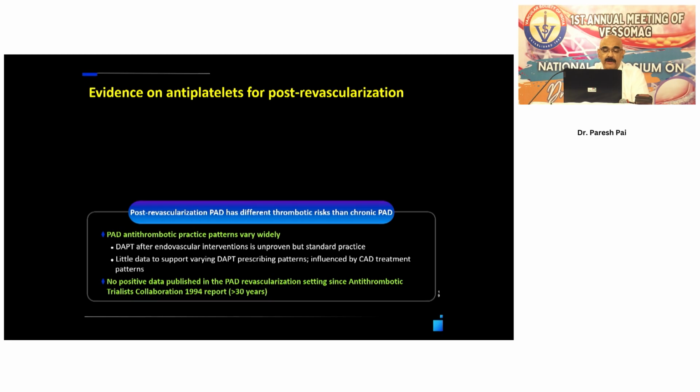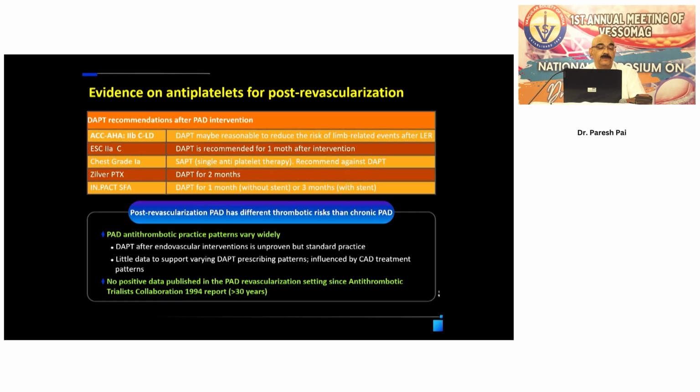DAPT after endovascular intervention is the norm, but one is not really sure how effective it is, but that is standard practice, and there is a lot of reluctance to move away from it. There is little data to support varying DAPT prescribing patterns, which are generally influenced by coronary artery disease treatment patterns. There is no positive data published in the PAD revascularization setting since the Antithrombotic Trialists' Collaboration in 1994. That's almost 30 years ago.